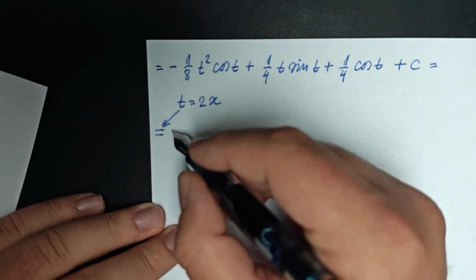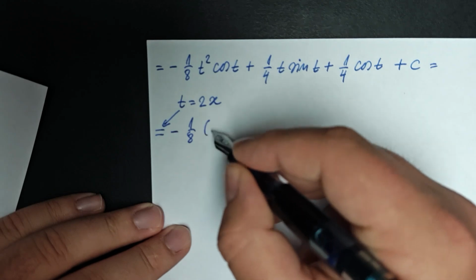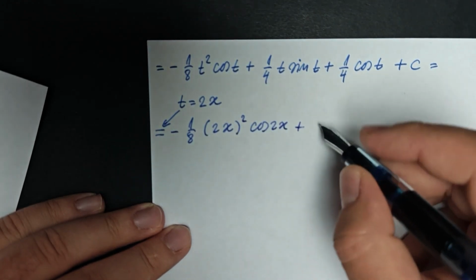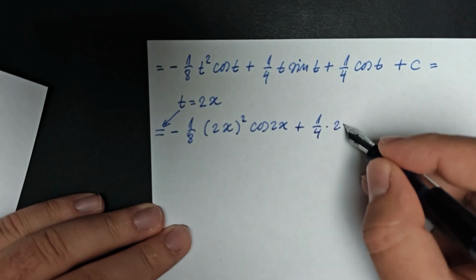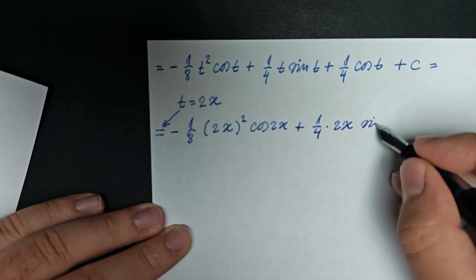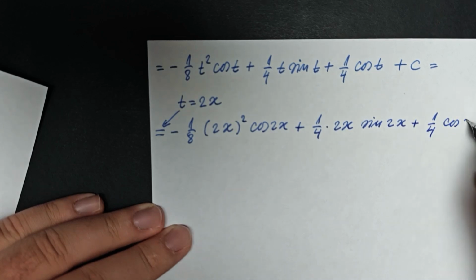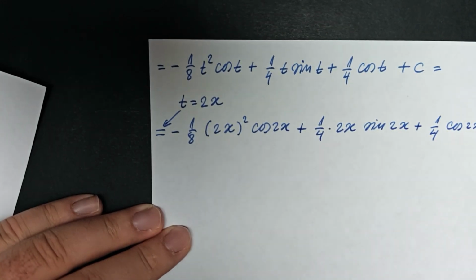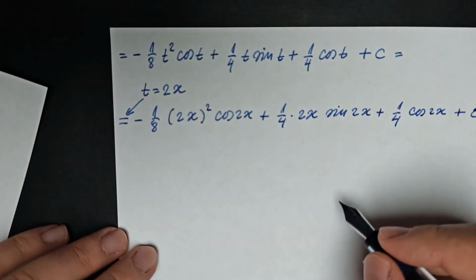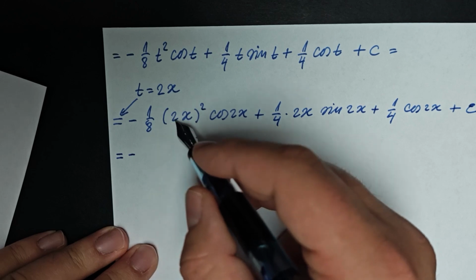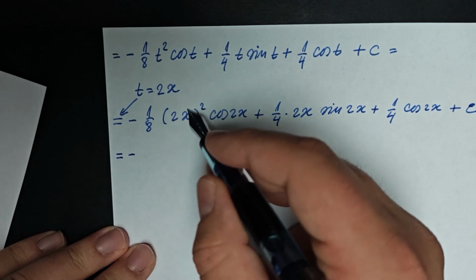So this is equal to negative 1 over 8 (2x) squared cosine of 2x plus 1 over 4 multiplied by 2x sine of 2x plus 1 over 4 cosine of 2x and plus c. This is then equal to negative 1 over 8 multiplied by 2 squared, that is 4.